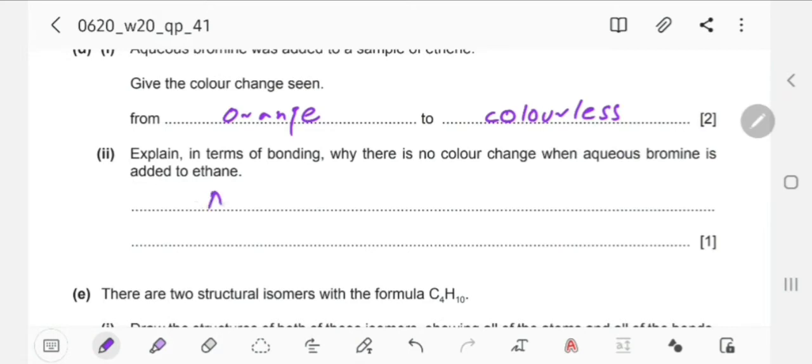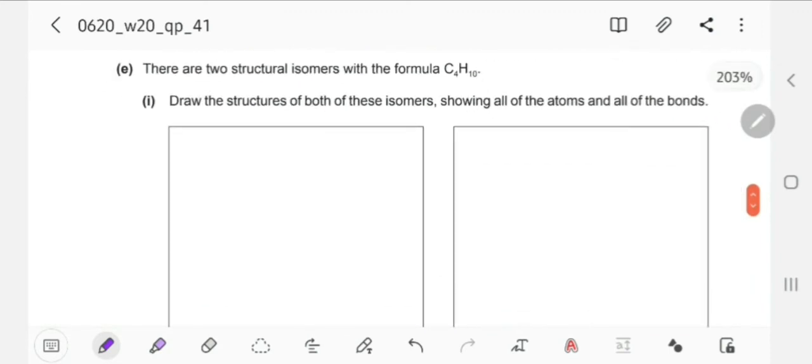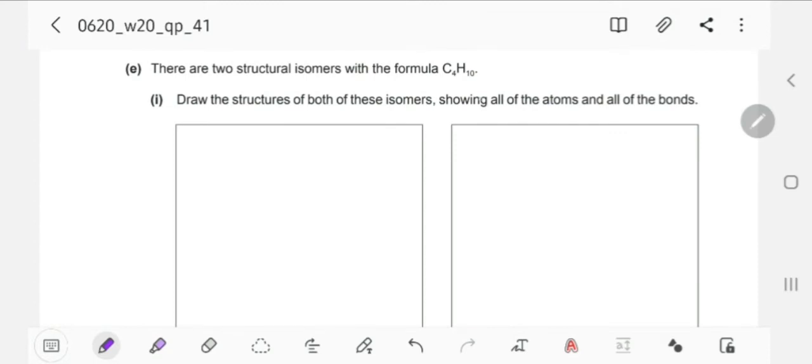So the answer would be no C double bond C present. As there is no carbon-carbon double bond, there won't be any color change, because color change happens because of the carbon-carbon double bond.